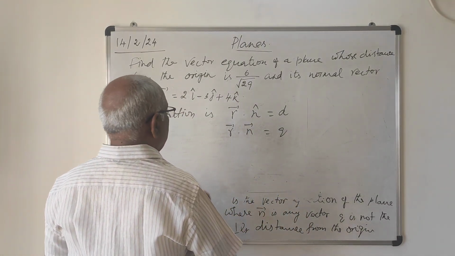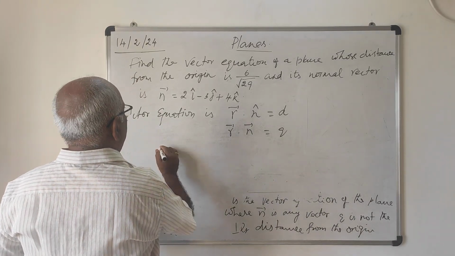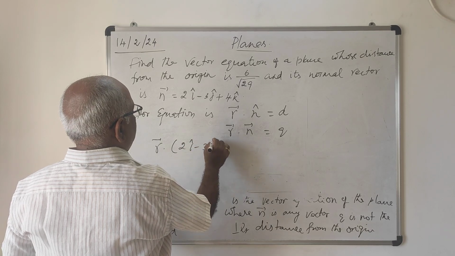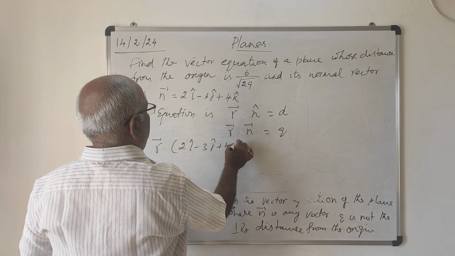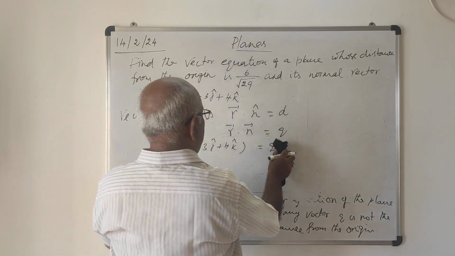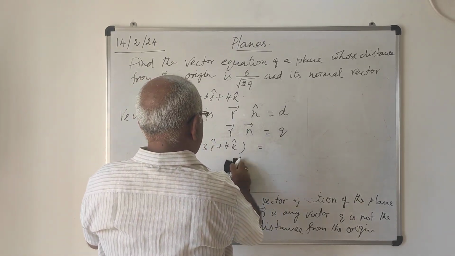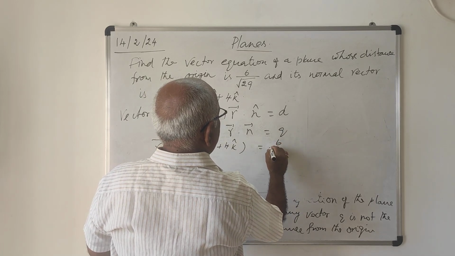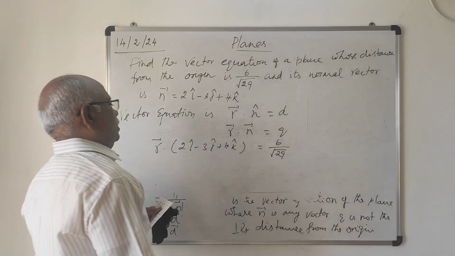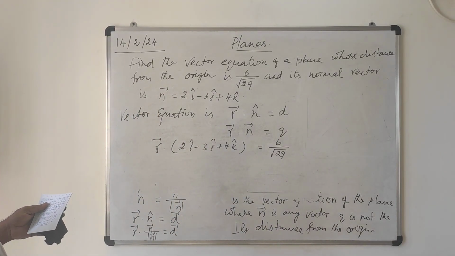Now, r vector dot n vector, which is 2i minus 3j plus 4k, equal to q, where the distance from the origin is 6 by root 29.